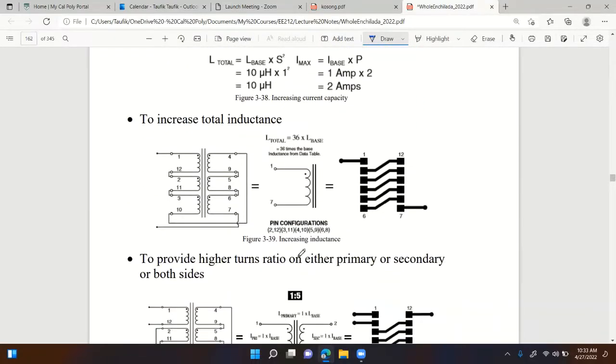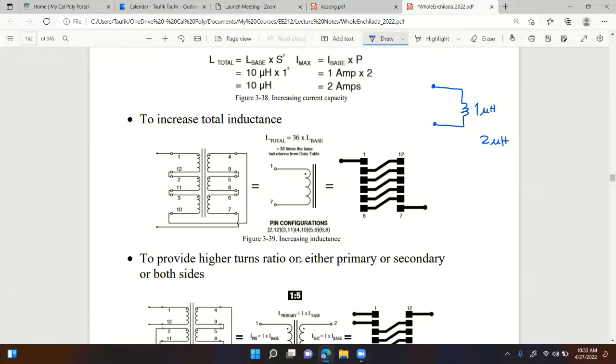Another use of multiple windings is to increase inductance. Let's say that for every single winding, you get only 1 microhenry. However, let's say that your circuit requires 2 microhenries instead of 1 microhenry.